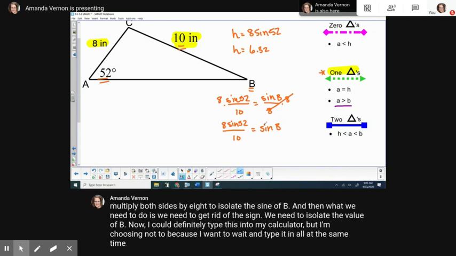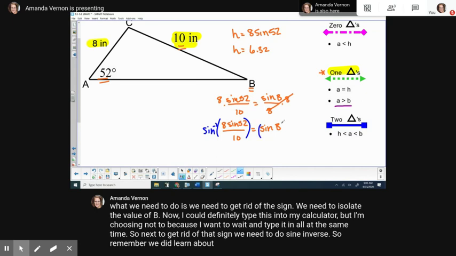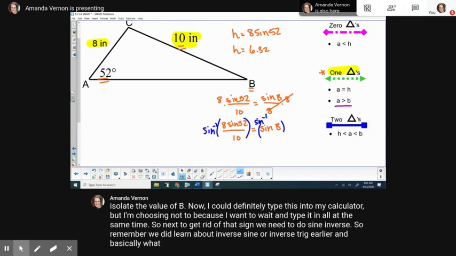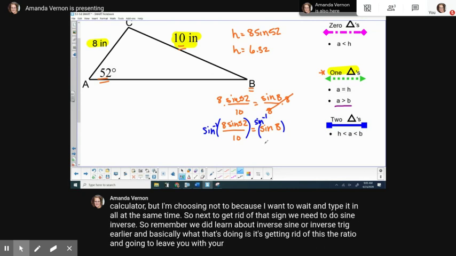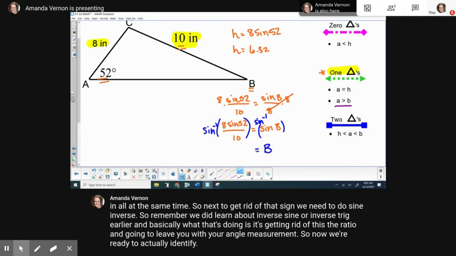So next, to get rid of that sine, we need to do sine inverse. Remember, we learned about inverse trig earlier, and basically what that does is get rid of the ratio and leave you with your angle measurement. So now we're ready to actually identify what is angle B.